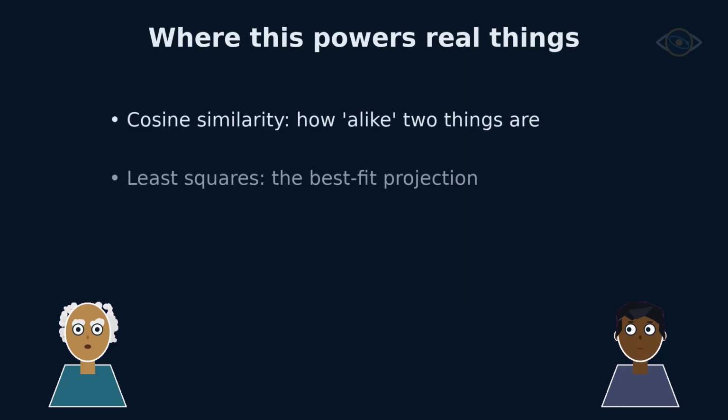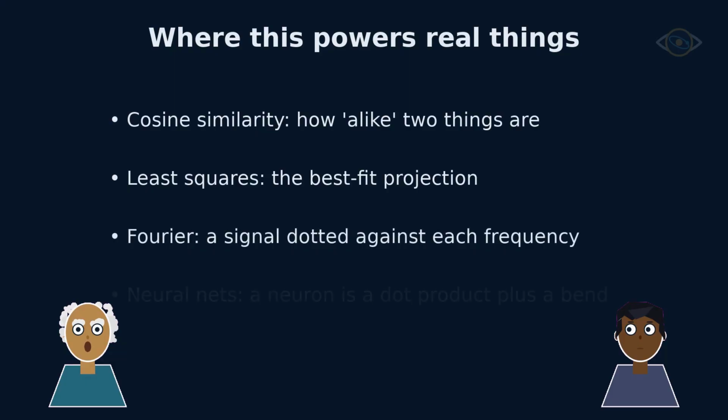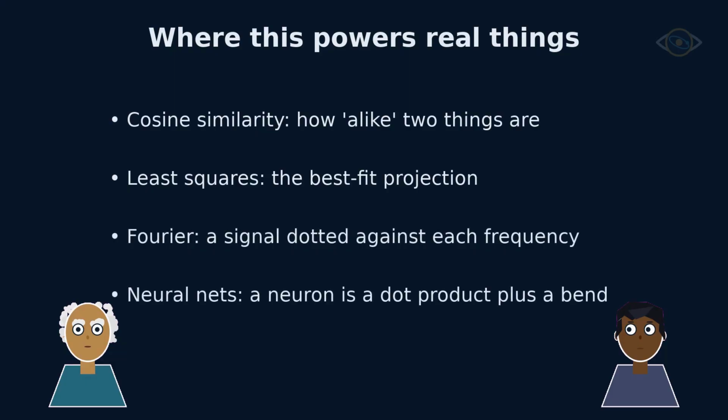This is why search engines and recommendation systems compare things with cosine similarity, the dot product of normalized vectors. And a single neuron in a network is basically a dot product of inputs and weights, then a little bend. The dot product really is everywhere. Least squares fitting, Fourier analysis, projections onto subspaces, all the same shadow, taken over and over.